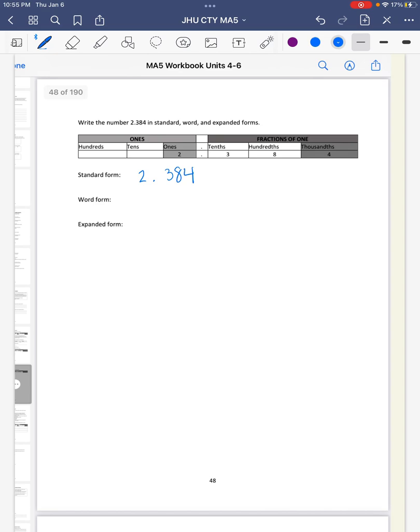Word form, this is 2. And then you probably noticed that anytime we have a decimal, we don't say decimal, we actually say and. 2 and 384 thousandths.